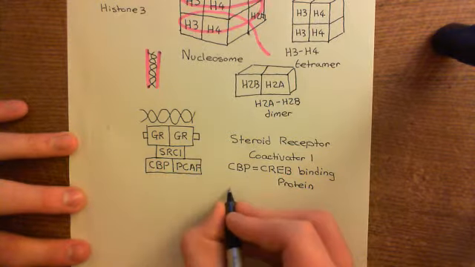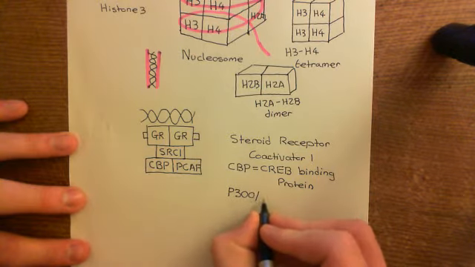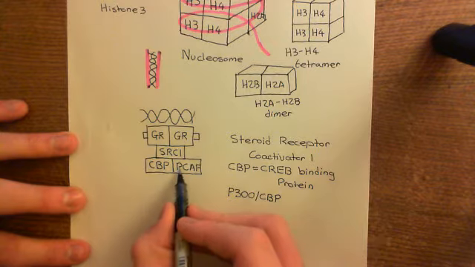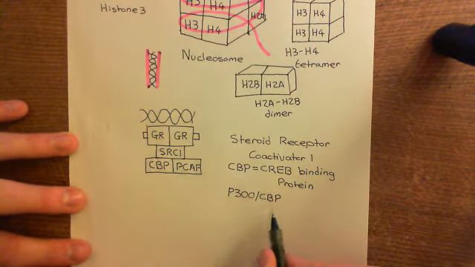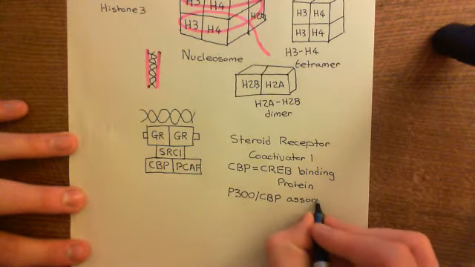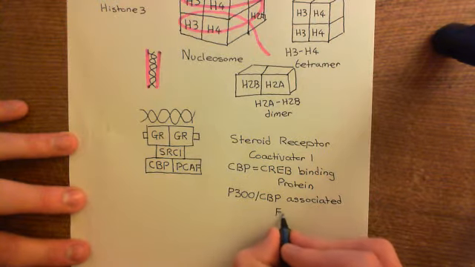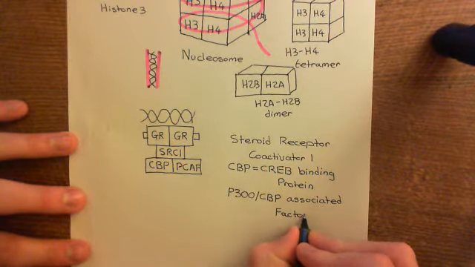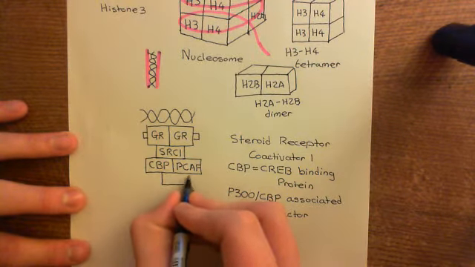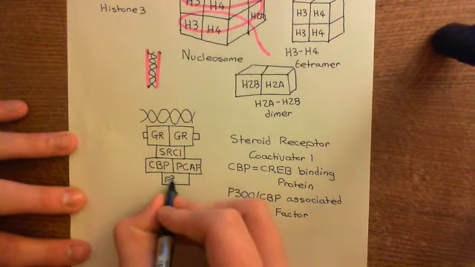The P is for P300 and the C is for Krebs binding protein, and AF is for associated factor. So PCAF is the P300 Krebs binding protein associated factor. And then on top of the Krebs binding protein and PCAF, P300 then binds.